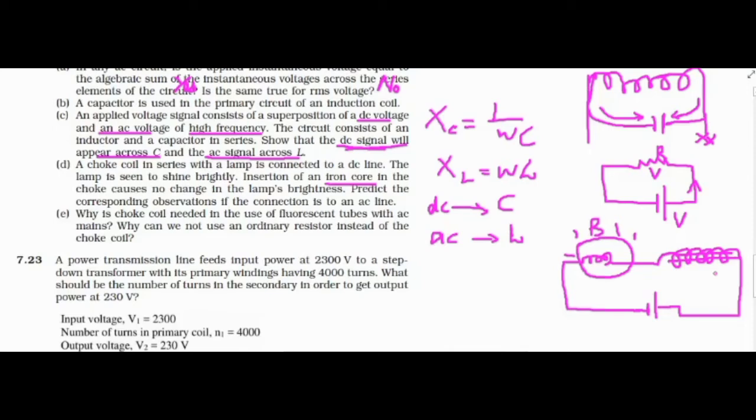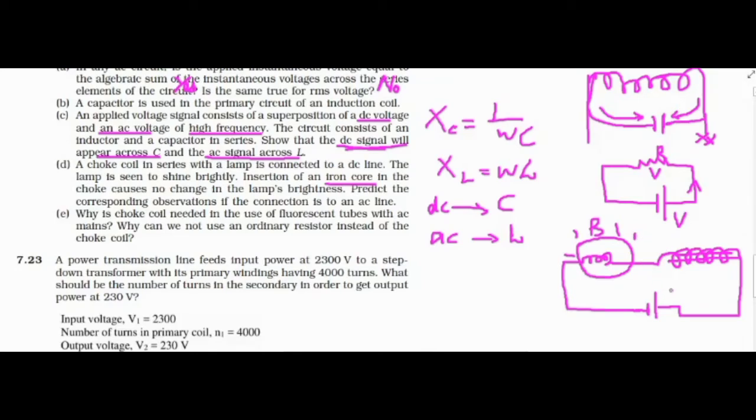That cannot make any difference in the brightness of the bulb. What is the reason so? Because in the previous case we have seen inductor has no influence on DC. Inductor cannot oppose. XL equal to 0 for DC. Even though you insert the core material, the value of inductance will change, but inductor has no role in the case of DC. Therefore, no effect. Bulb will continue to have the same brightness.